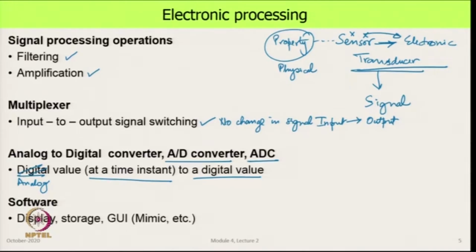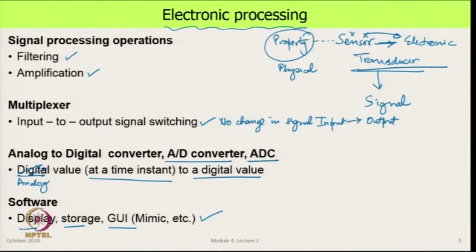And then thirdly, at the end we have our software, which can be a display, storage, or a graphic interface, which could be like a mimic of the system, and in real time we see all the data on it. So, this is all that goes on in what broadly we have called signal processing.